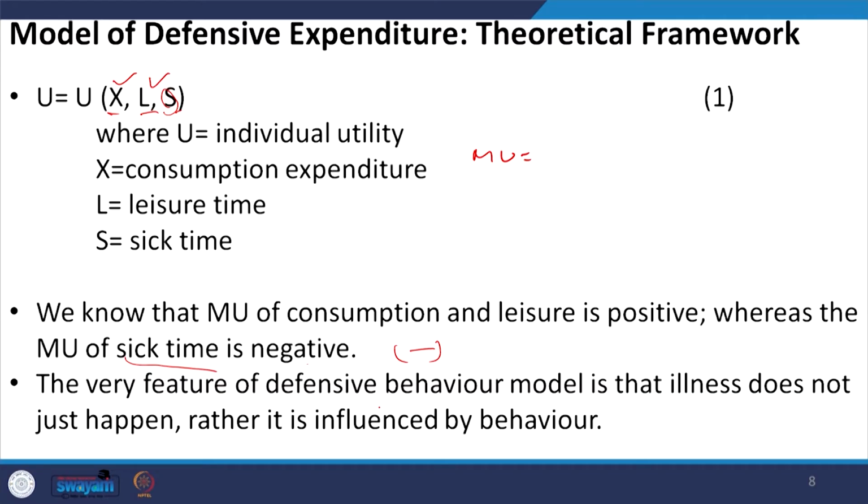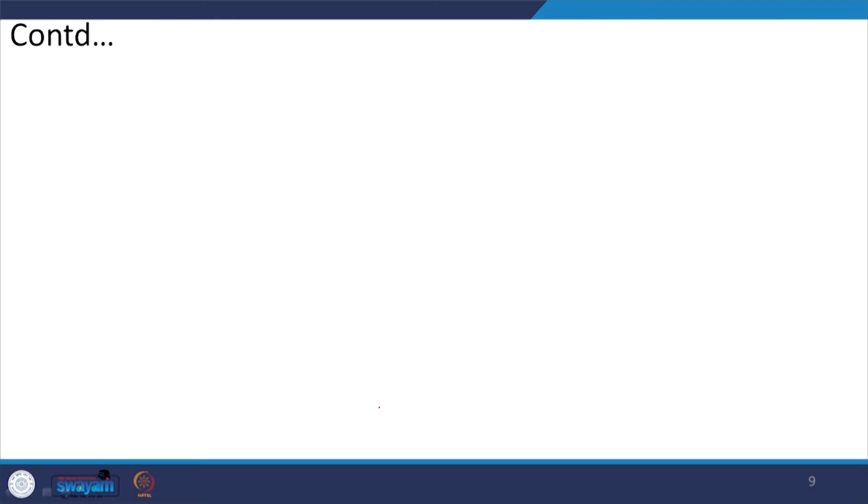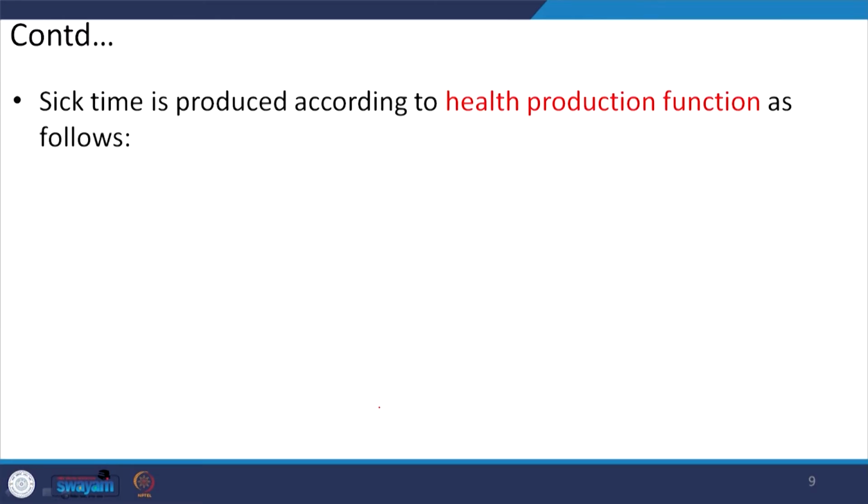Illness is rather influenced by the behavior of the person. Behavior is one of the vital factors that can control illness, how many times the person is falling sick. If he is trying to avoid the illness, it must be reflected in his behavior or his actions.